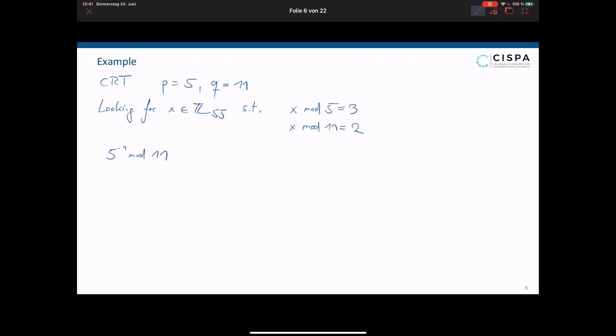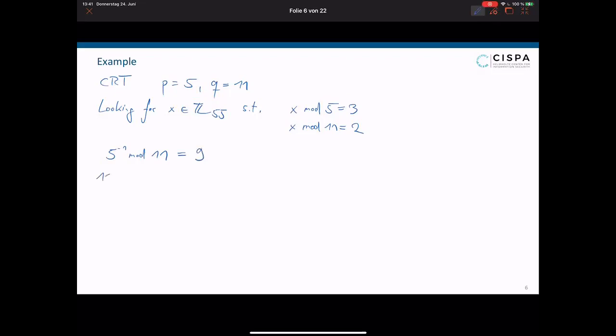Okay, you're super fast. I was going to ask, what do I have to multiply 5 with to get 1 modulo 11? What's the inverse of 5? And yes, 5 times 9 is 45, which modulo 11 is 1. So this is 9.